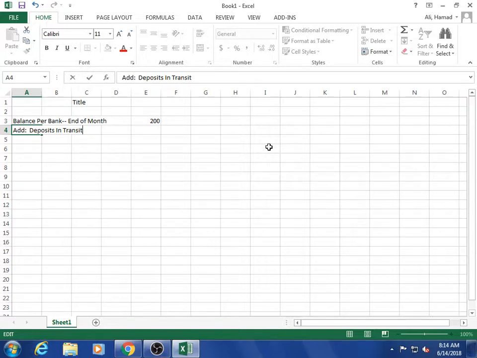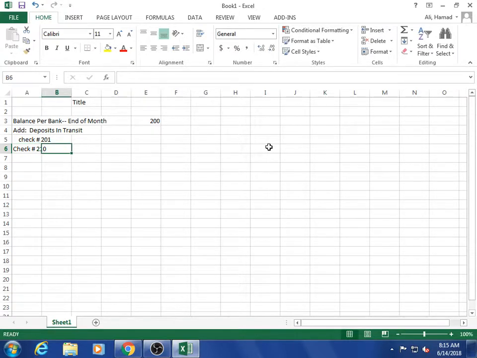So, add deposits in transit. Let's say you have check number 201 and check number 210.